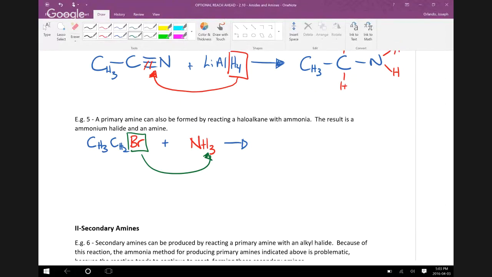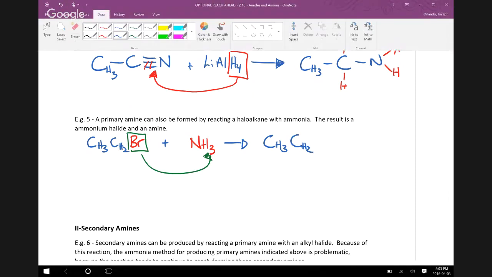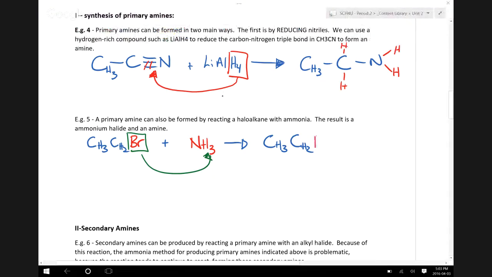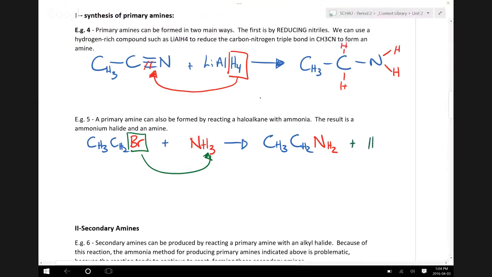What we end up with, and I'd like to be clear, this is an oversimplification, as these things always are, but in the short version, we get an amine, so we get an NH2 sticking there, and then we also get HBr. Again, it's a bit of an oversimplification, because what we actually tend to get is NH4Br, but for the sake of this lab, that would be an example. So that is a really simple way that we can produce a primary amine.